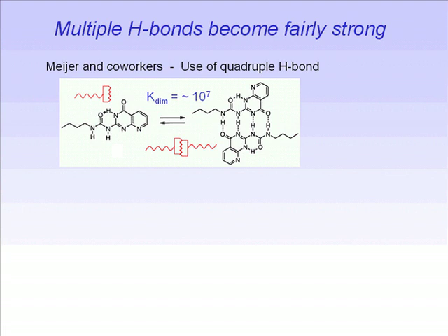And the relative positions of these atoms are fixed by covalency. And the ability to form 4 hydrogen bonds increases the formation constants enormously compared to a single hydrogen bond. And of course, it doesn't scale as 4 times the strength of a single hydrogen bond.